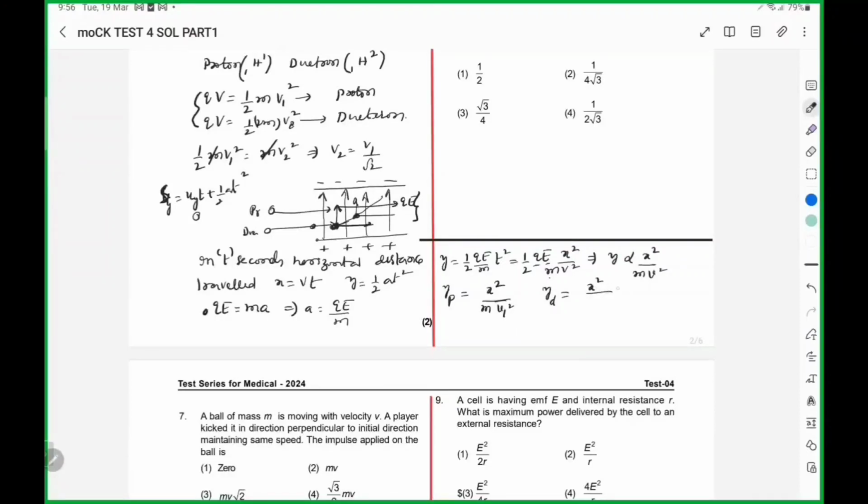So x square is 2m and V2 square. V2 here is V1 by root 2, V square by 2. So here deflection of proton is same as deflection of deuteron.